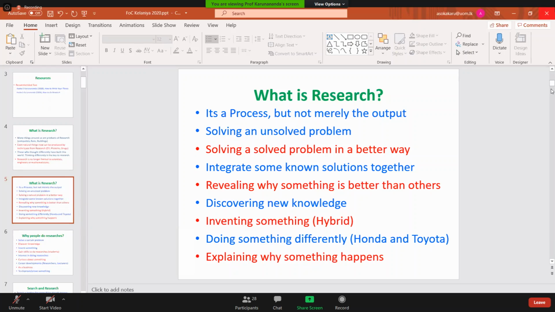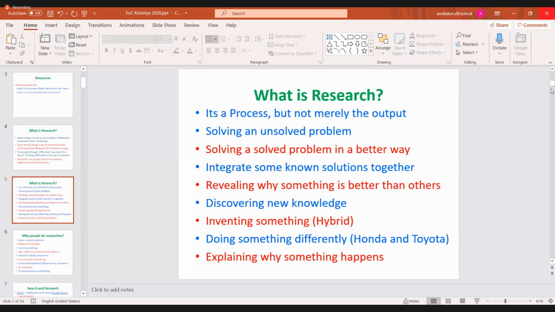When you are doing research, certain things should be done now, another thing should be done next, another thing next. Like that, you have to go. Sometimes in research, the process you have taken may not be 100% correct. Sometimes you make a mistake, then you have to change direction and go forward.